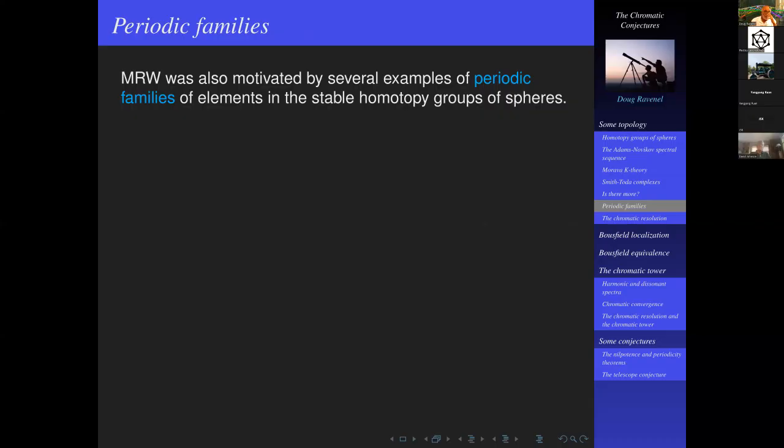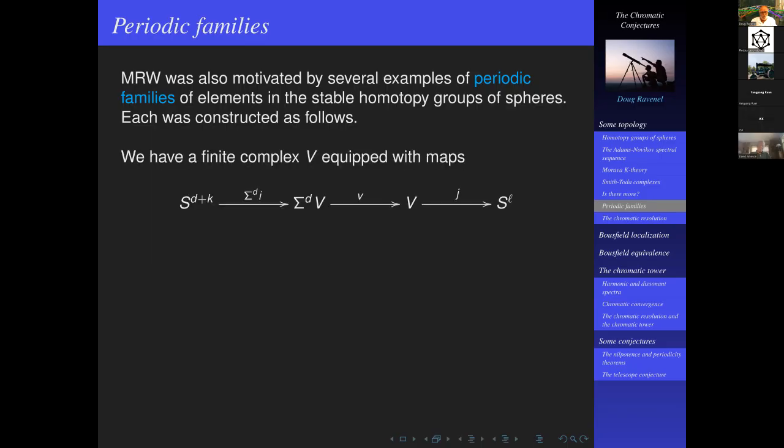Now, the paper by Miller, Ravenel, and Wilson was motivated by the examples of periodic families that I mentioned a few minutes ago. And each of them is constructed in the following way. There's a finite complex V, such as the ones constructed by Toda, and 3 different maps, as you see here.